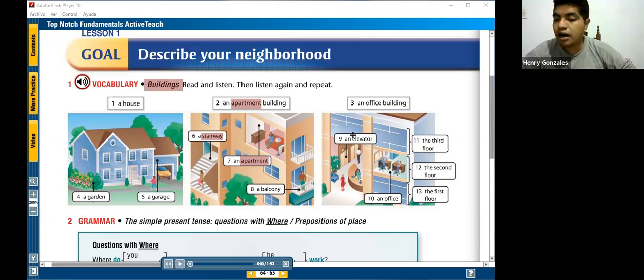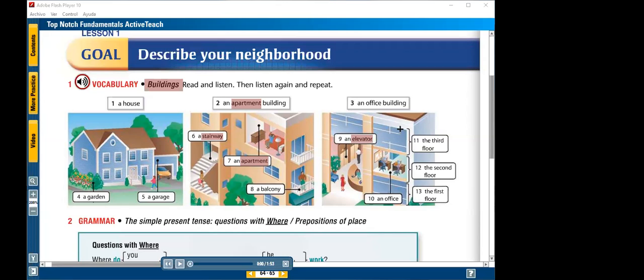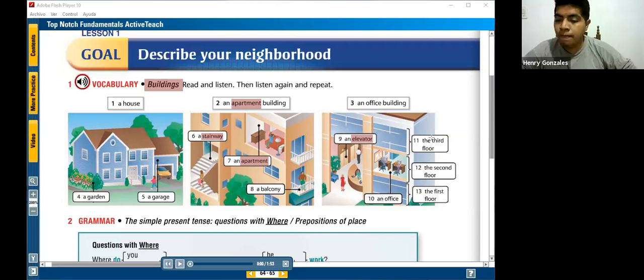Number 9 is elevator. Yes, elevator. And number 11 here, it's third. Third, good. And la número 13 dice first. First, yes.